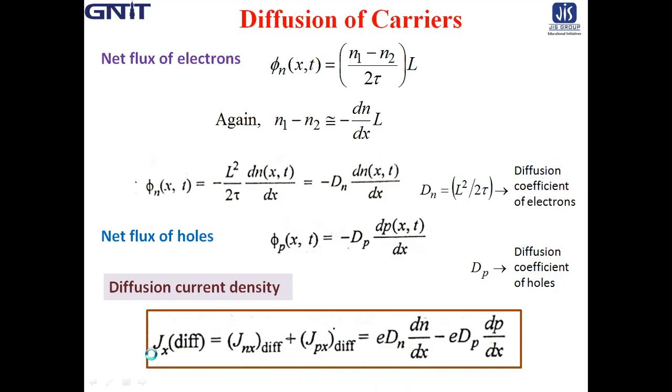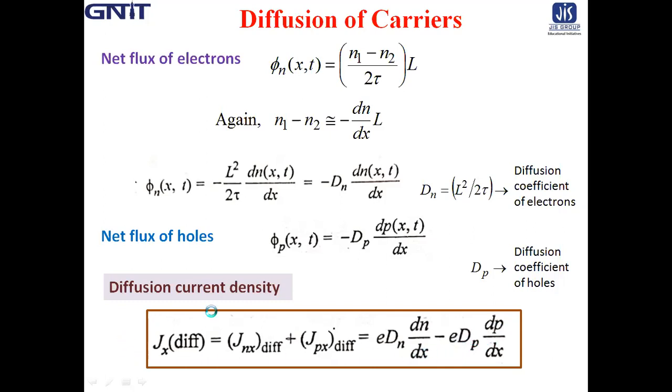So therefore, the diffusion current density, denoted as Jx diff, is basically the summation of Jnx diff plus Jpx diff, which is e Dn dn/dx minus e Dp dp/dx.